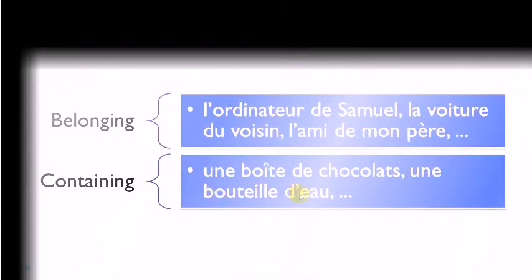Une bouteille d'eau, bottle of water. In that case you should use this de. But obviously because you've got a vowel here, they don't really get along, so as usual in French, the e disappears, and you get this apostrophe. Une bouteille d'eau, une bouteille, bottle, eau, water, a bottle of water. Une boîte de chocolat, une bouteille d'eau. In that case, definitely you should use this preposition de.